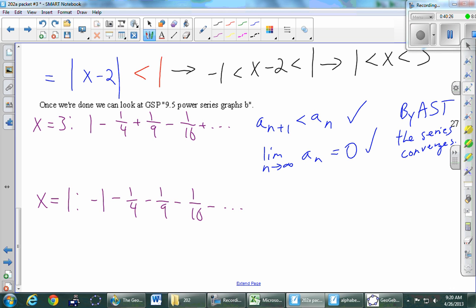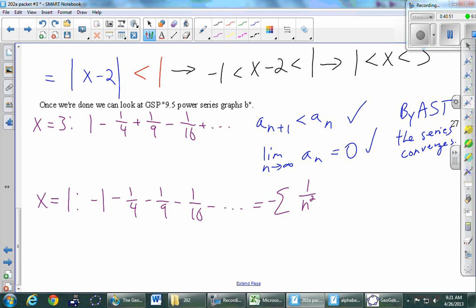-1, -1/4, -1/9, -1/16. Can't use the alternating series test. Anybody recognize that series? It is a p-series. I'm going to put the negative in the front, and then I'm just going to write the formula. Aren't these guys all 1/n²? Yeah.